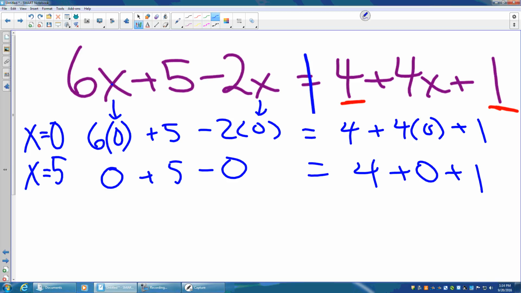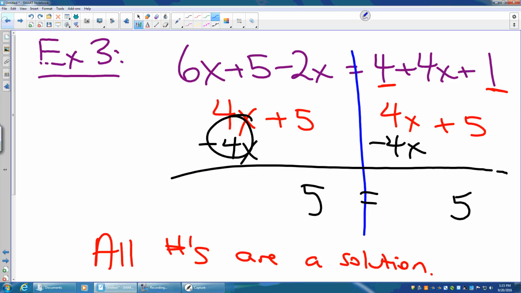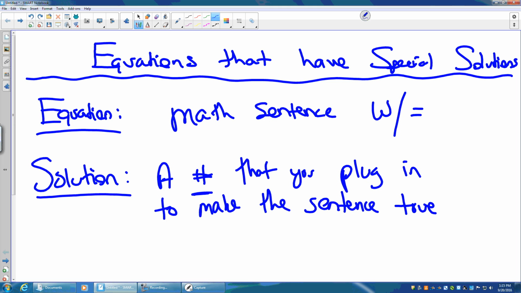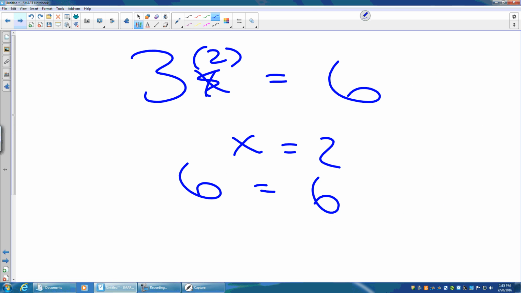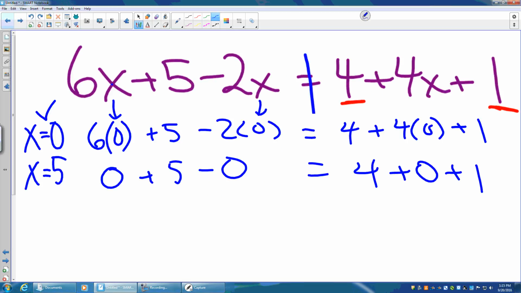Now, I'm pretty sure I don't need to clean that up. The left side says 5 and the right side says 5. So I know that 0 works. So that's a solution, just like when we checked that the 3x equals 6, and we plugged in 2 and both sides were 6. The same exact thing happened here. Both sides were equal to the same.